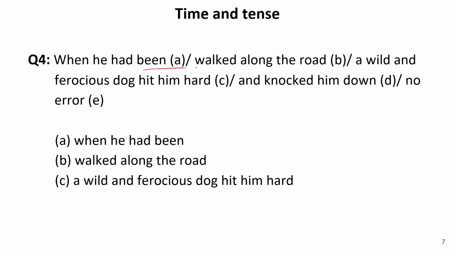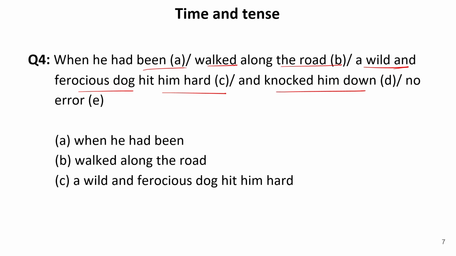When he had been walked along the road, a wild and ferocious dog hit him hard and knocked him down. Now, obviously, it did not happen all the time. It is not the action which occurred repeatedly in the past time. It only happened once.